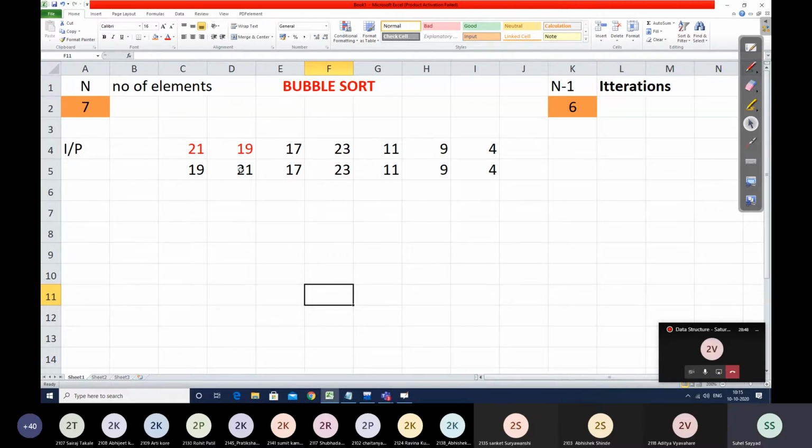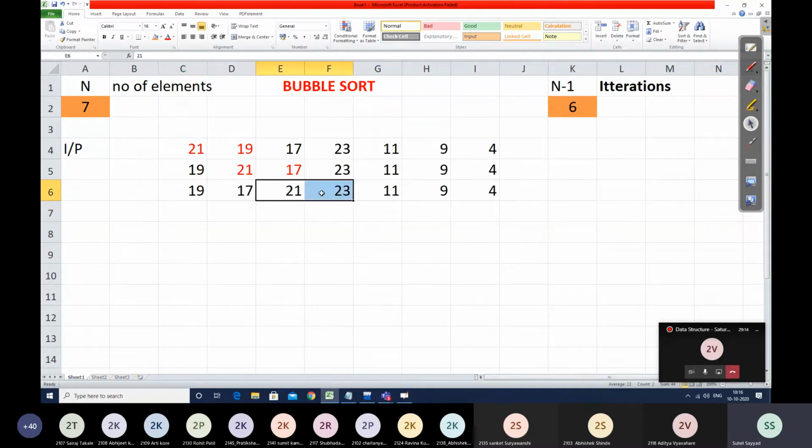The next 2 numbers to be compared are now these: 21 will be compared with 17. Whether 21 is greater than 17? Yes. So the swap will happen.